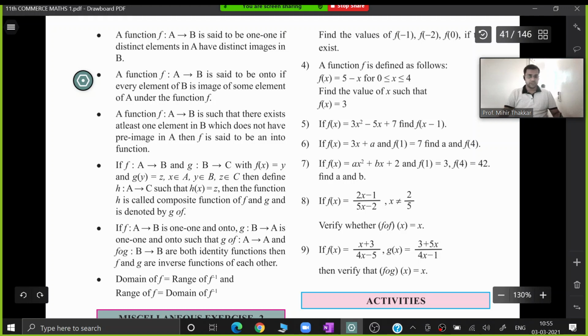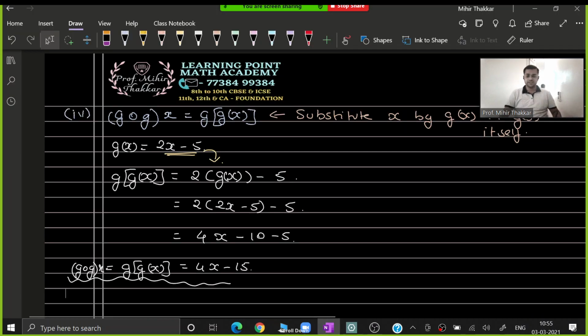Question number 6 over here says that f of x is equal to 3x plus a and f of 1 is equal to 7. We have to find the value of a and the value of f of 4. So f of x is equal to 3x plus a is a given information.